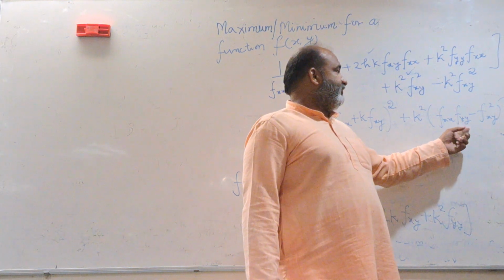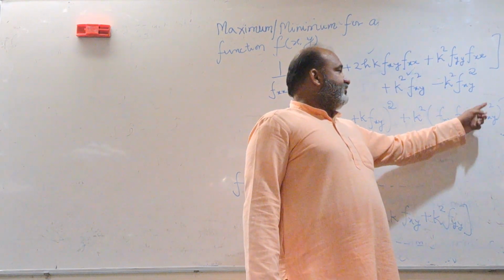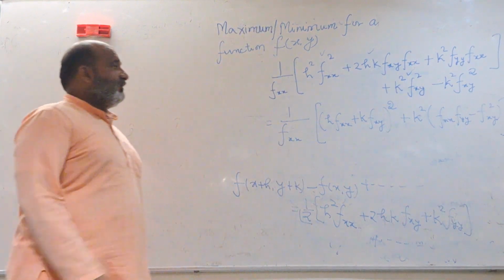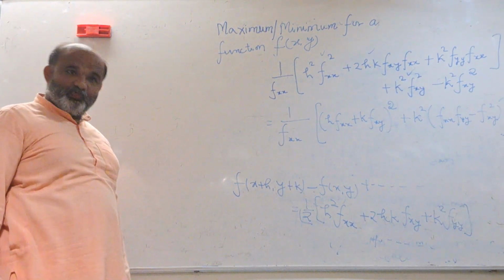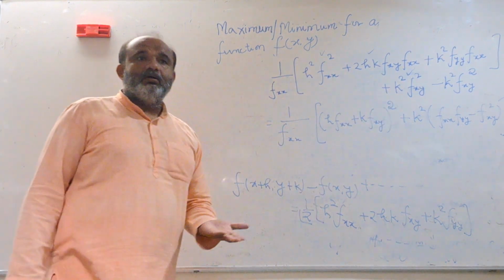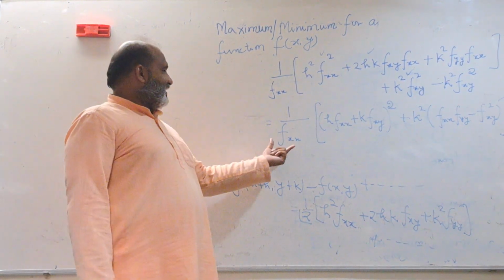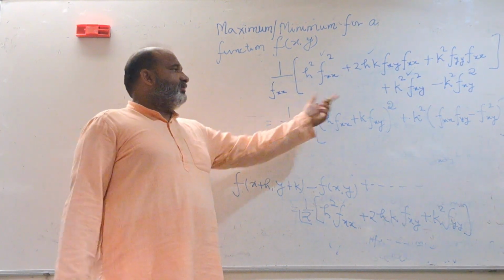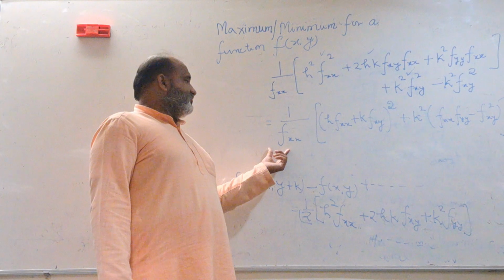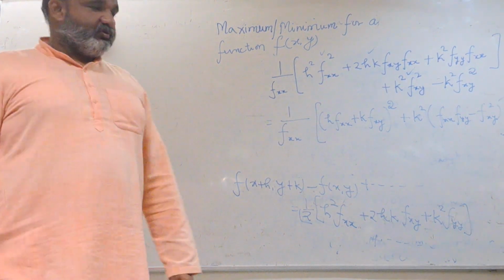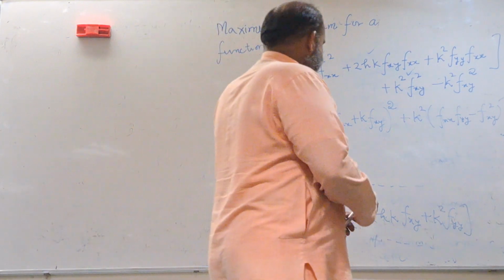Now if this term is positive, the complete bracket will be positive, so the sign will be governed by fxx. If it is positive, this will be positive. If this is negative, this will be negative. Right? So there is a condition now.